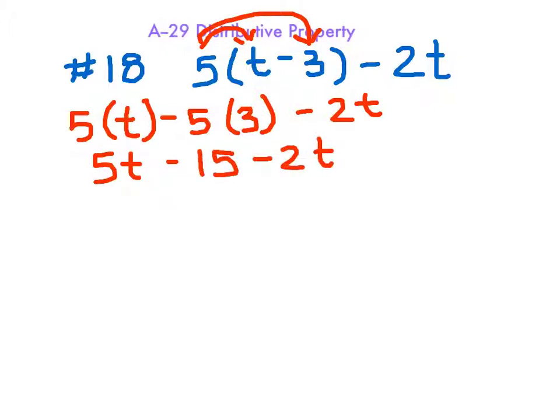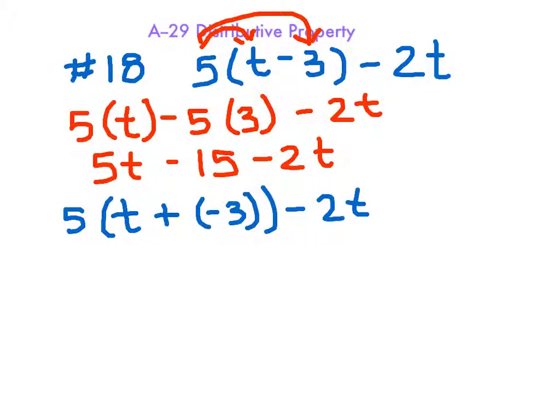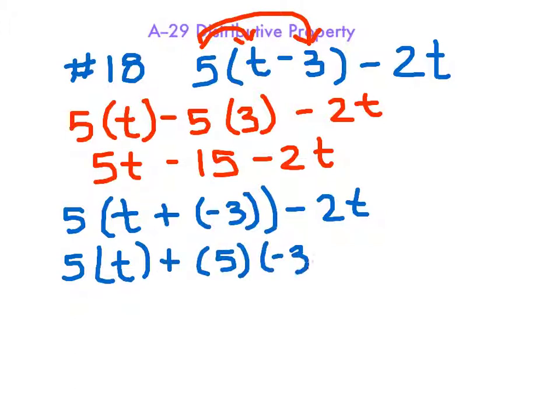Or I could rewrite this problem as 5 times t plus negative 3 minus 2t, in which case I have 5 times t plus 5 times negative 3 minus 2t.